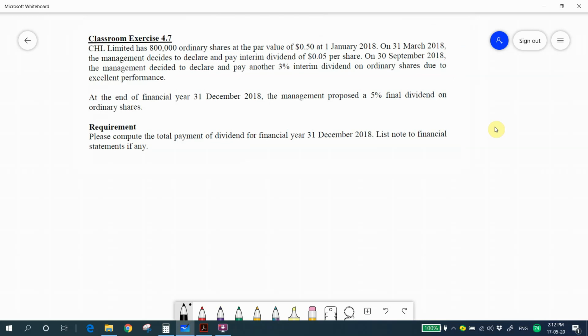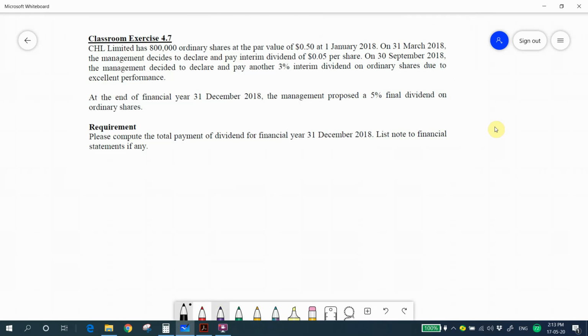On 30th September 2018, the management decided to declare and pay another 3% interim dividend on ordinary shares due to excellent performance. At the end of financial year 31st December 2018, the management proposed a 5% final dividend on ordinary share. Please compute the total of dividend for the financial year 31st December 2018. List notes to financial statement if any.